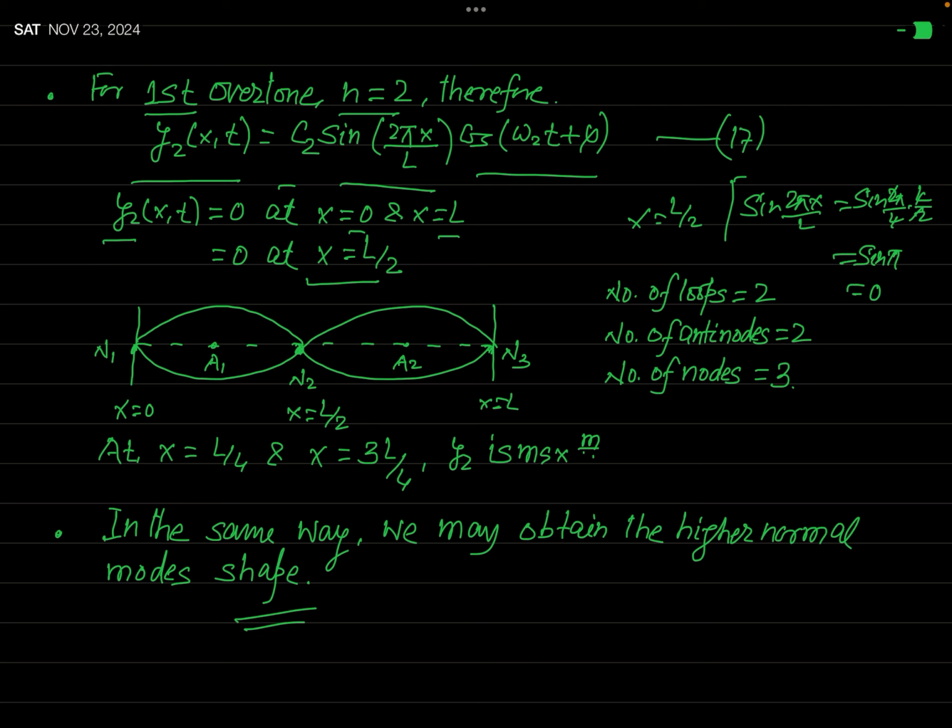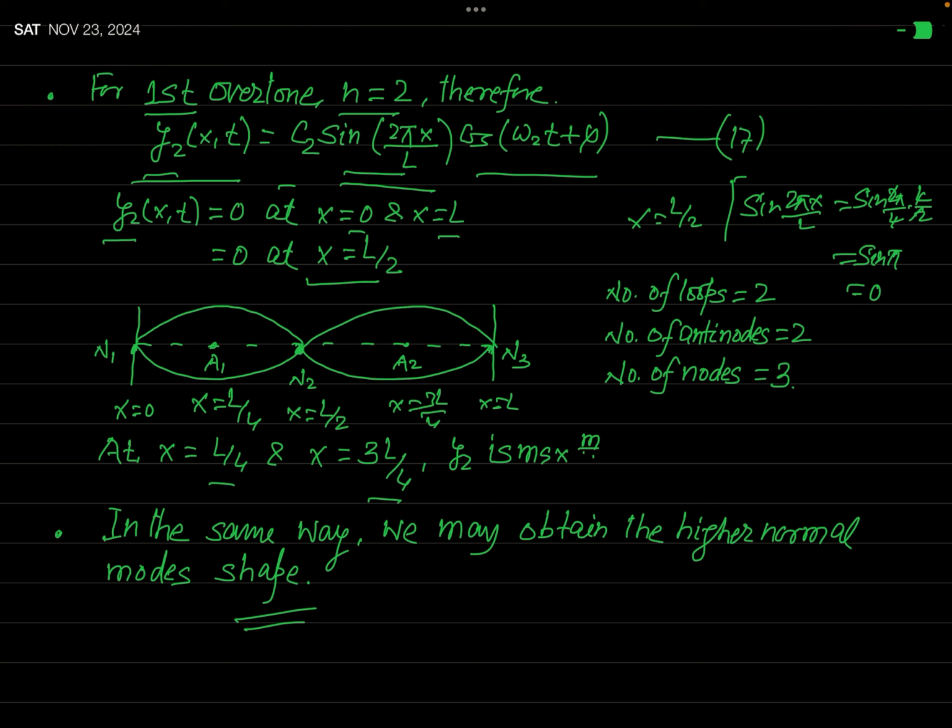And again, when you put x equal to L by 4 and x equal to 3L by 4, you will see that this sine function is maximum and y2 is maximum. So these points at x equal to L by 4 and x equal to 3L by 4, where y2 is maximum, are antinodes.